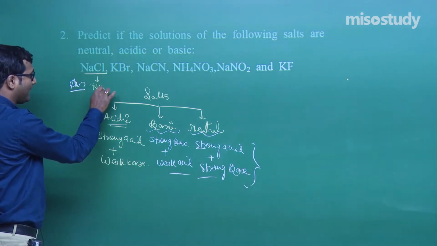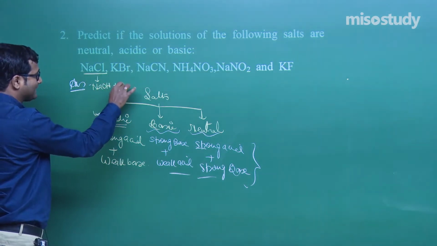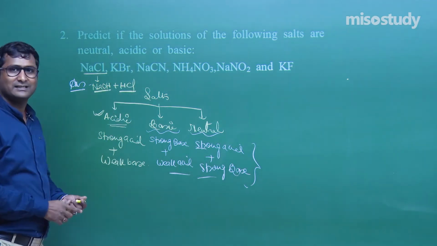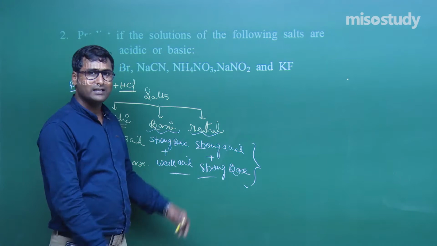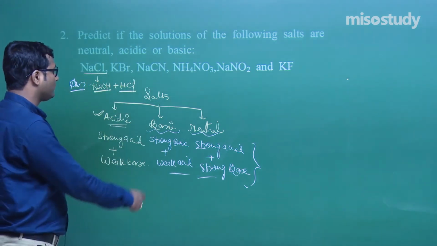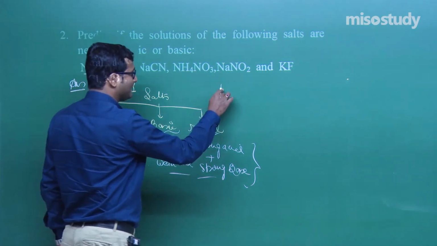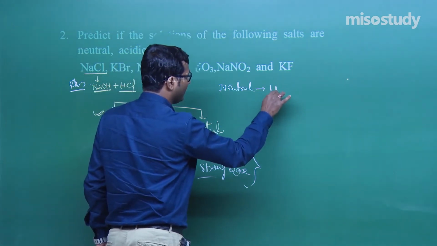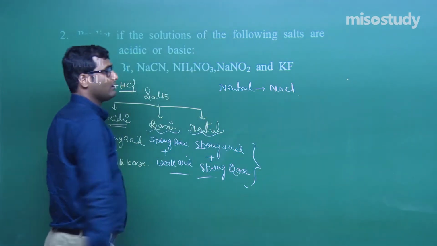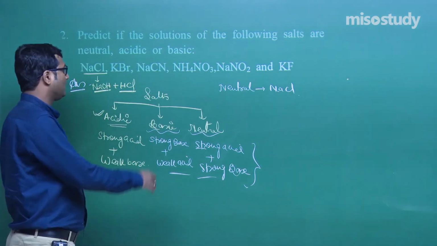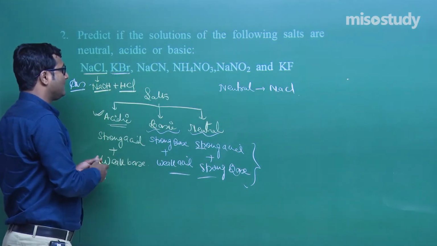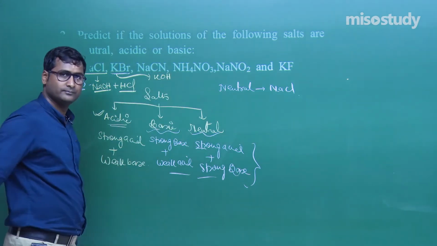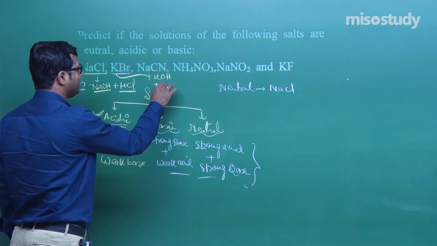NaCl comes from NaOH plus HCl. As we know, NaOH is strong and HCl is strong. Both NaOH and HCl are strong. So what will you say? That NaCl is an example of neutral salt. Am I right? Now the next one, KBr. KBr comes from KOH plus HBr.